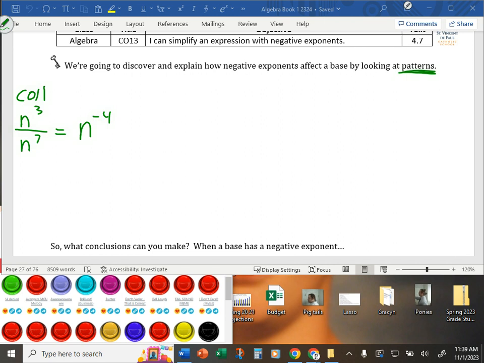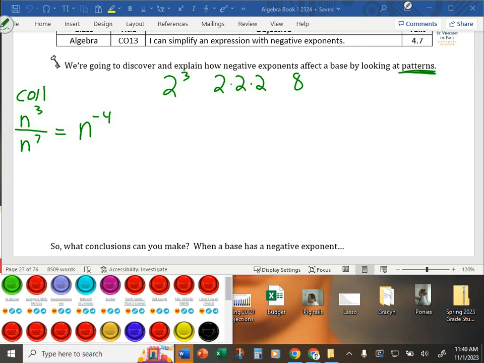For example, if I give you 2 cubed, what is 2 cubed in expanded form? 2 times 2 times 2. And what is the value of 2 cubed? 8.